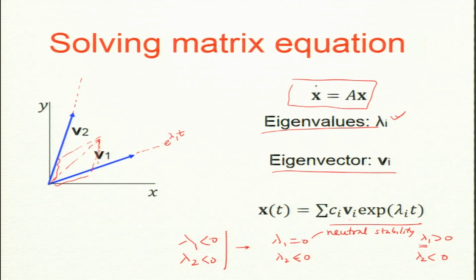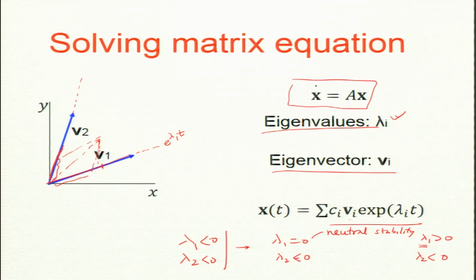So, we look at the general solution. These are the 2 eigenvectors. Now, if my initial condition is along this eigenvector, then depending on the eigenvalue it will either increase in length or decrease in length. Same thing if my initial condition is along V2, it will decrease or increase.